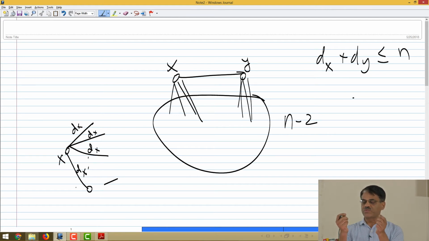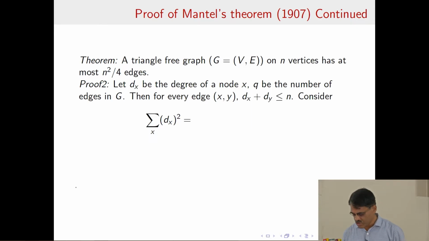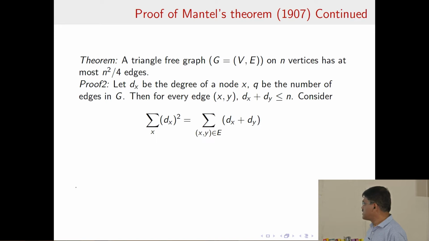If you have an edge xy, what is the weight on that edge? Dx plus dy. X gives you dx, y gives you dy. So the weight on the edge is dx plus dy, right. So this is the same as, for every edge, just add dx plus dy. This is just a different way of looking at it. I am just computing this sum, and this is exactly this sum, right.